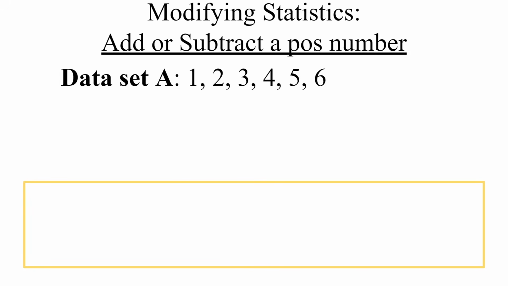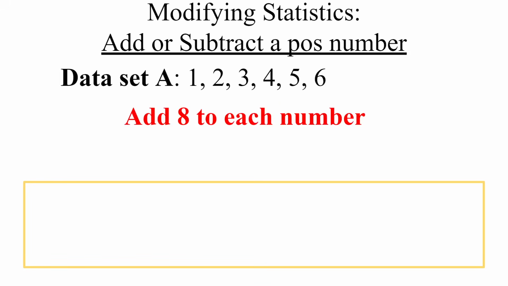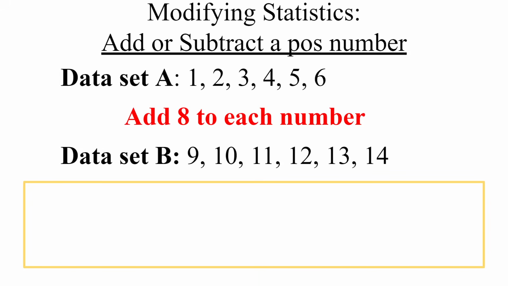Let's say we have 1, 2, 3, 4, 5, 6. And the question says we're going to add 8 to each number. So our new data set is 9, 10, 11, 12, 13, 14. And you might notice all we did was shift it. If we had a dot plot, all we did was shift it. We just moved it. So the spread is going to stay the same.